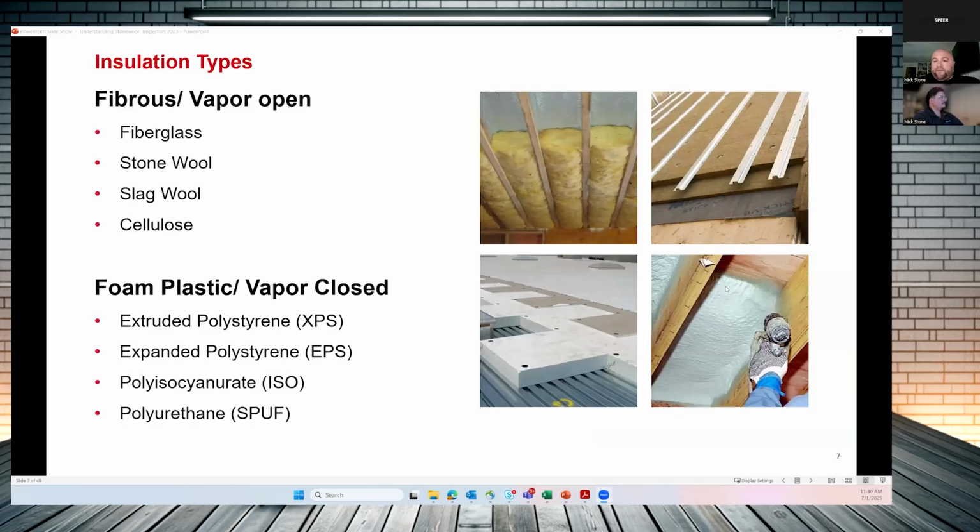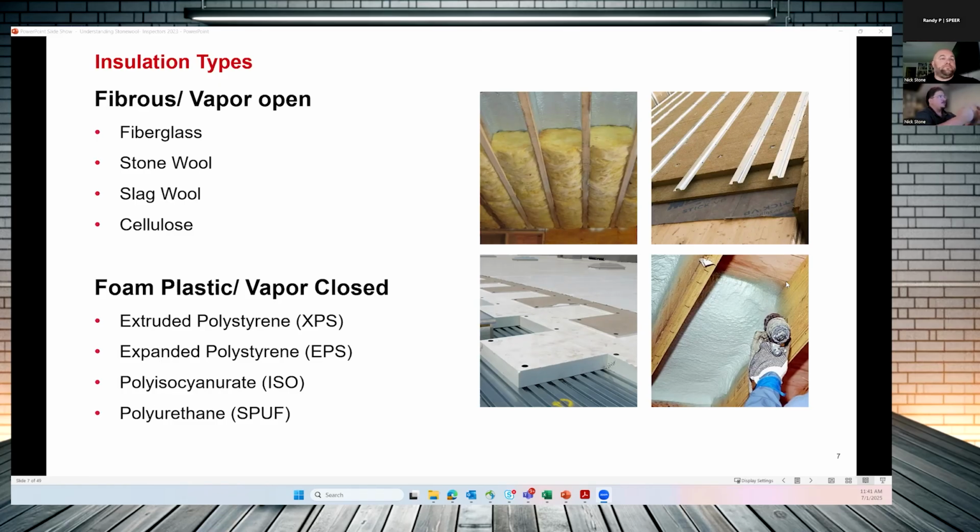Omar, you want to jump in on a few of these? Sure. So essentially, there are two different types of insulation types. They kind of are categorized between fibrous or vapor open, and then foam plastic or vapor closed. So within the vapor open category, we've got fiberglass, stone wool, slag wool, cellulose.